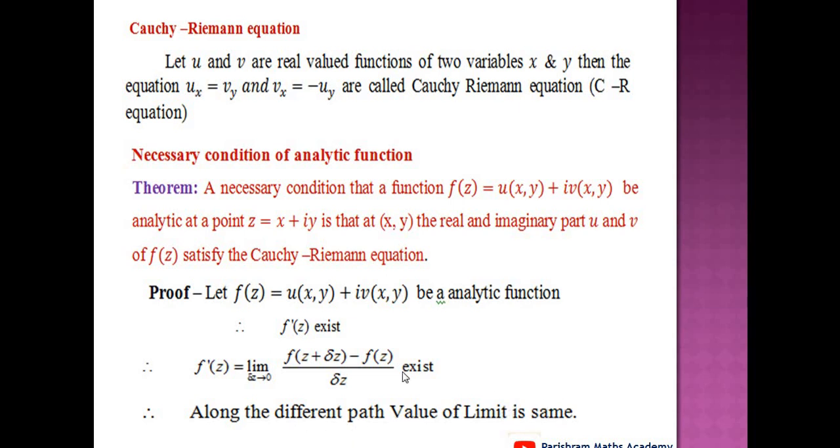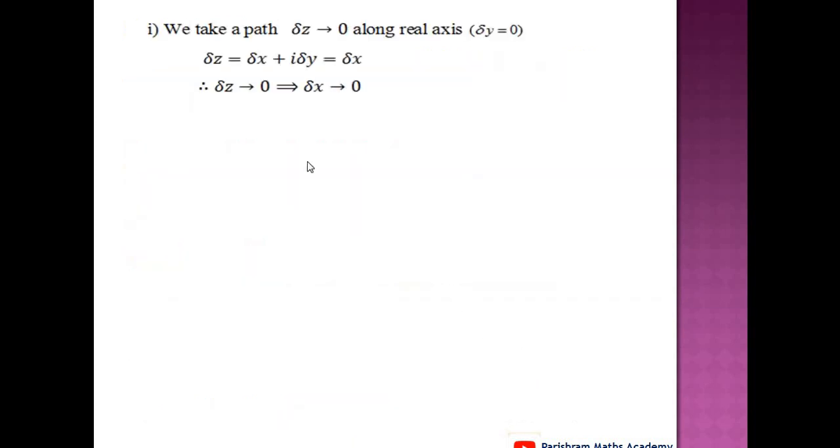Now we can find the value of the limit along two different paths. First we take the path delta z tends to 0 along the real axis. Along the real axis the value of delta y is 0, and therefore delta z equals delta x plus i delta y, but delta y is 0, and therefore delta z equals delta x.